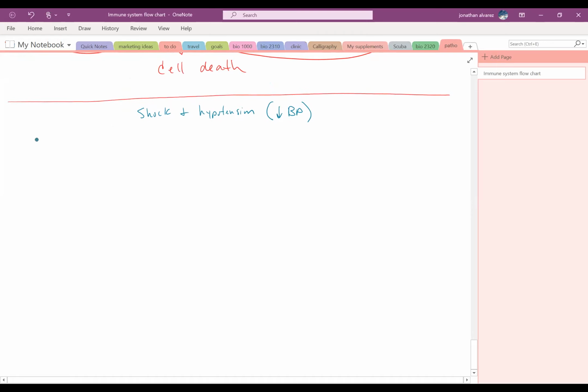Okay, so when the body detects a decrease in blood pressure, another way of saying that would be a decrease in circulating blood. Okay, which is your hypovolemia.